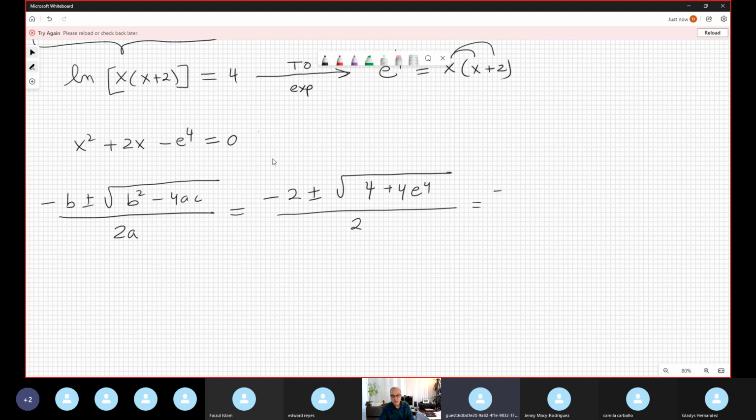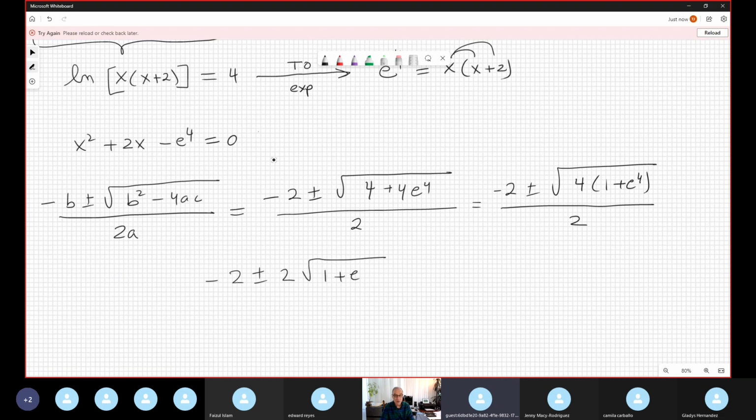So you factor out 4, 1 plus e to the 4 power divided by 2. And of course, square root 4 is 2. So we have so far minus 2 plus and minus 2 outside the radical. And inside the radical stay 1 plus e to the 4 power divided by 2. And the 2 is split.